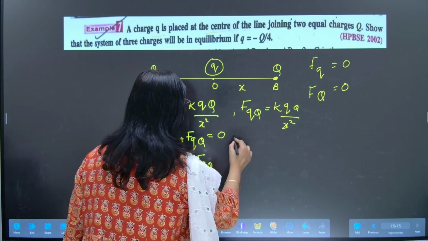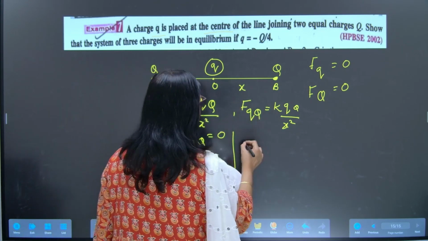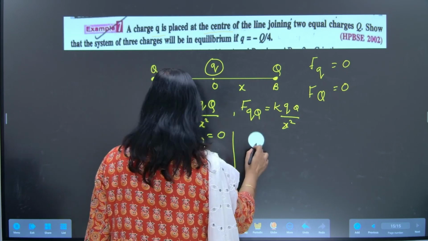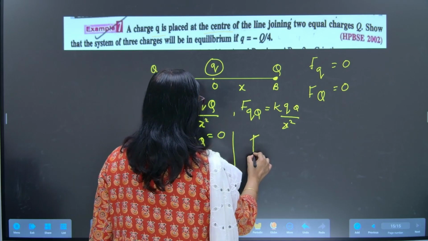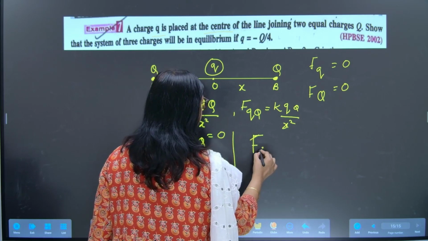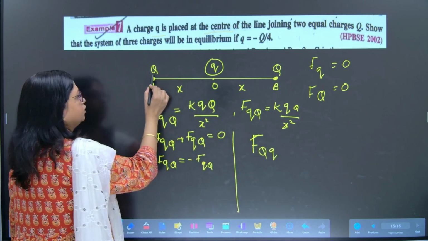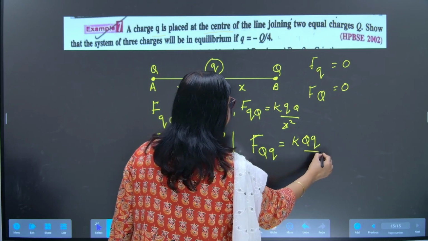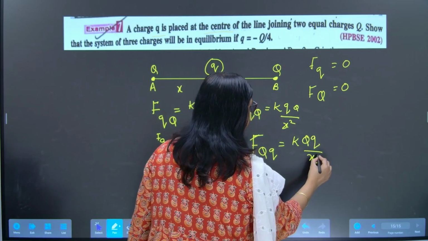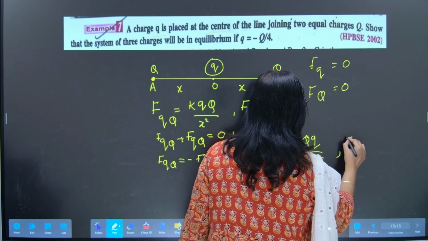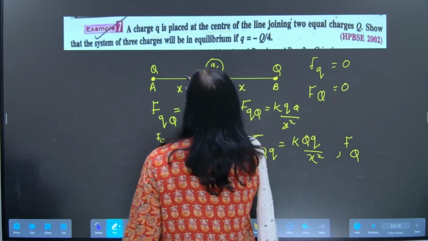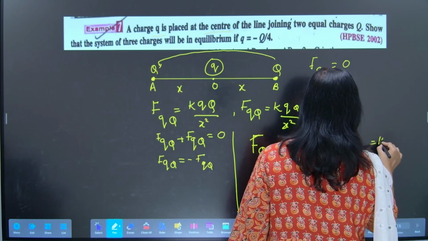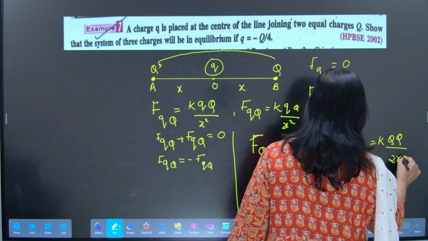For that, let us calculate the force at A. Force on this Q due to small q is equal to KQq, the distance between this Q and this q being X, upon X squared. Similarly, force on Q due to the other capital Q is equal to KQQ upon 2X whole squared.